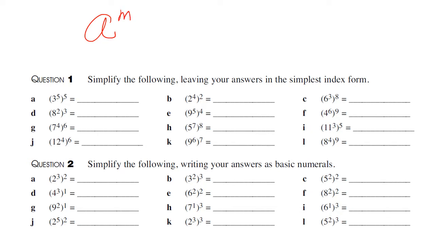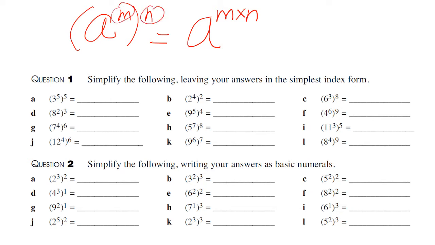If a number is raised to a power and then raised to another power, the result is that number raised to the product of the powers. Alright? So if it's a to the power of m and then the whole thing is raised to the power of n, it's the same as a to the power of m times n.